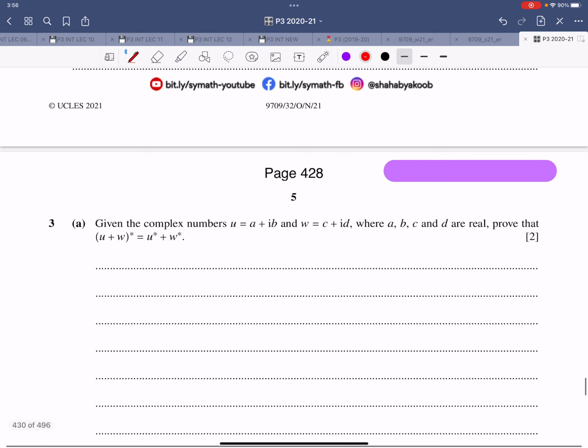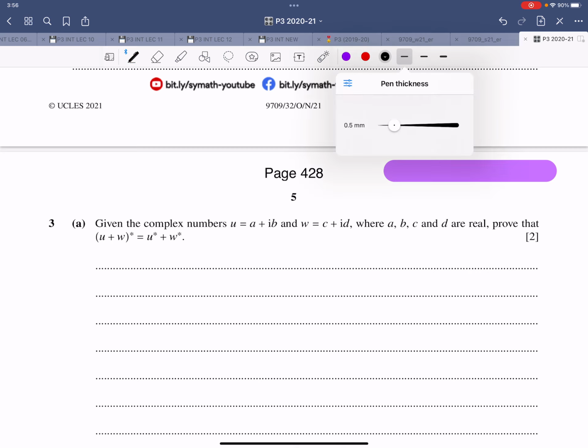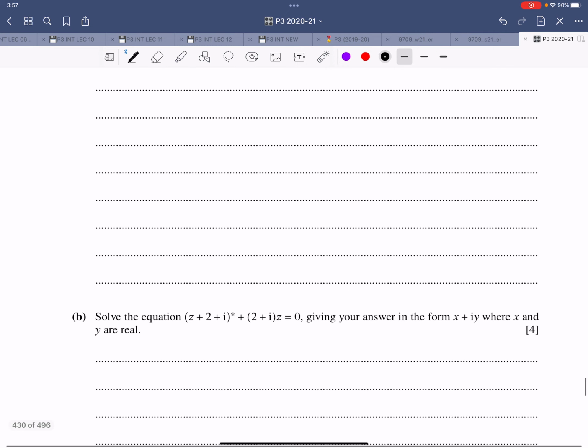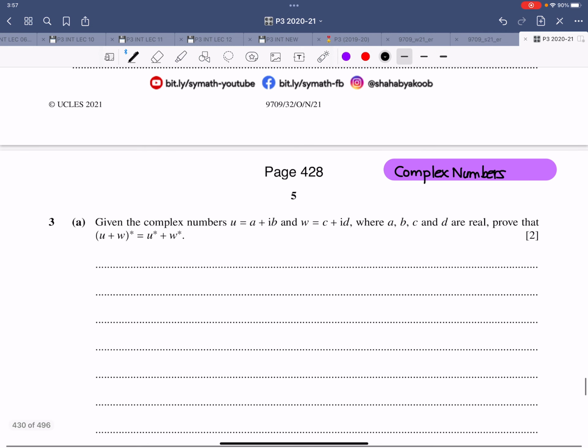Let's move to question number 3. Question number 3 says complex numbers. That means this is a question of complex numbers, that's for sure. This is complex numbers. And which aspect of complex numbers is this? This looks like algebra. The other one also looks like algebra. So the algebraic aspect of complex numbers.